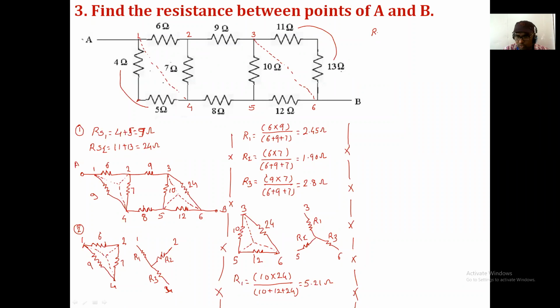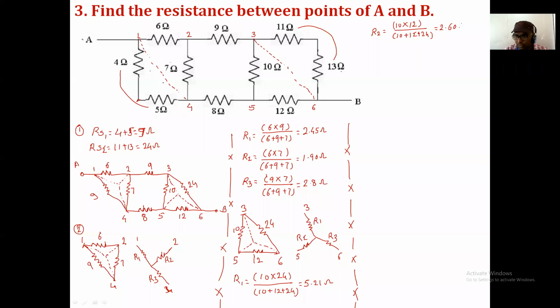Then R2 is equal to, R2 is connected to point number 5. Product of the two branches, 10 multiplied by 12 divided by, in bracket, 10 plus 12 plus 24, which is equal to 2.60.